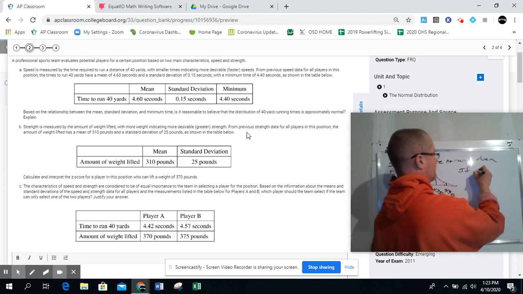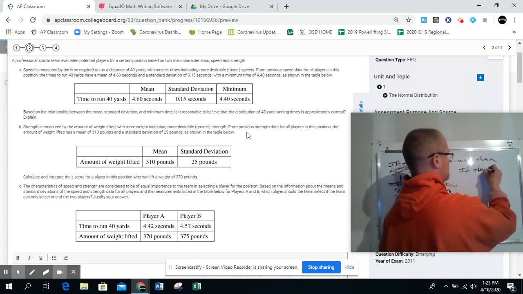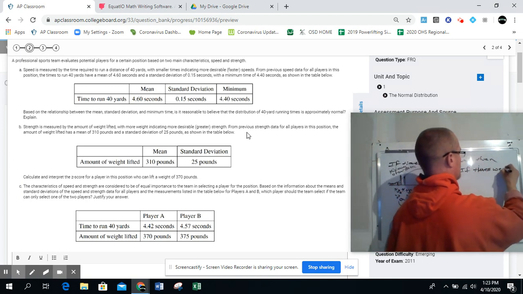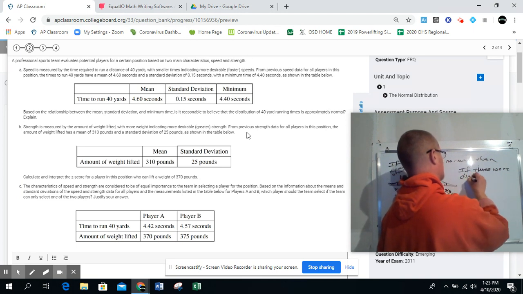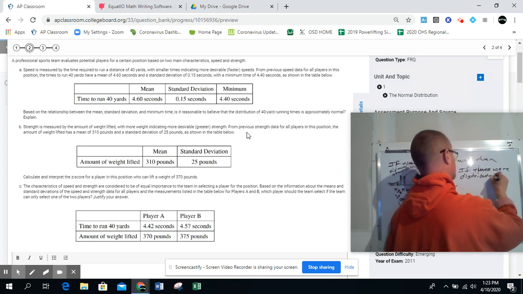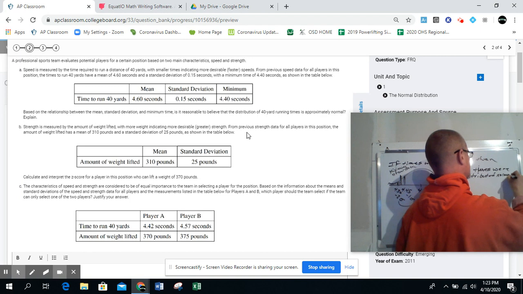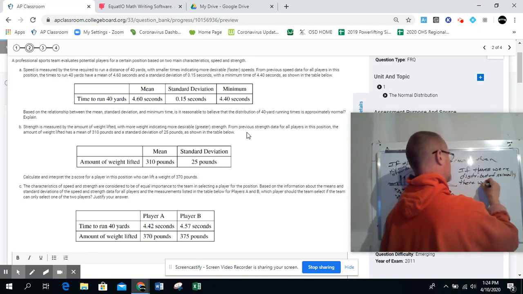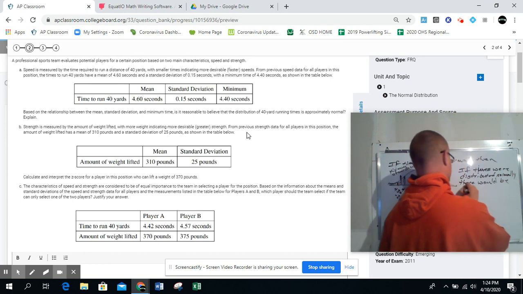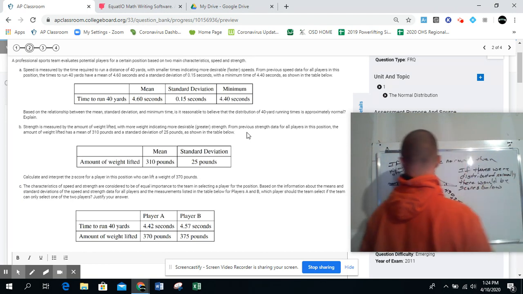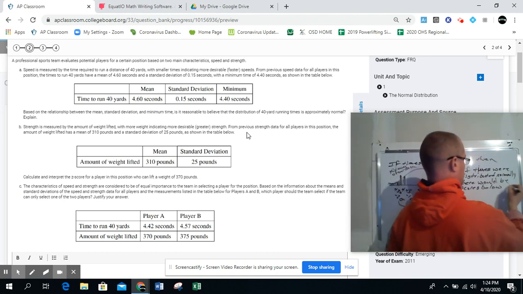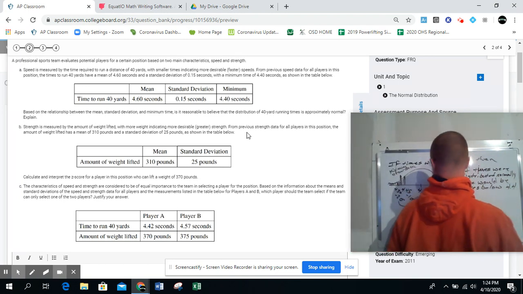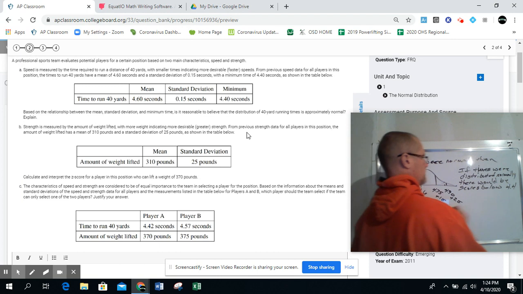So if times were distributed normally, there would be scores below 4.4 seconds.